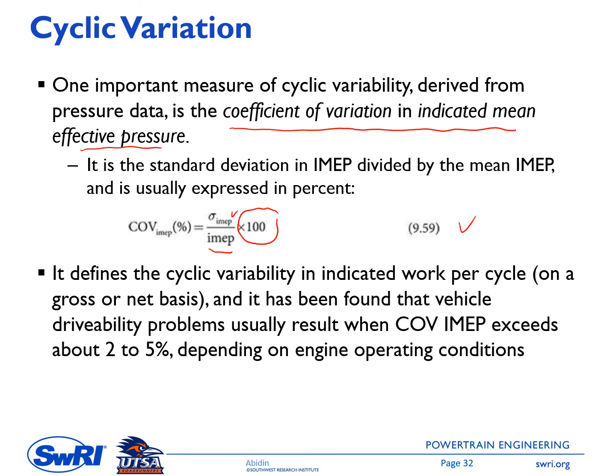This defines the cyclic variation in indicated work per cycle. It has been found that we need a maximum COV-IMEP of around 5% to avoid a drivability problem of the vehicle.